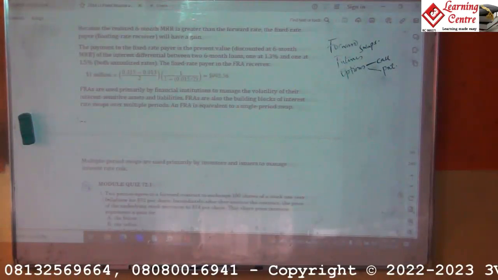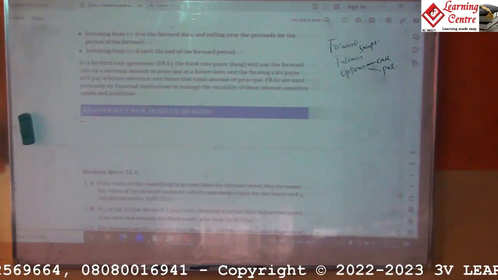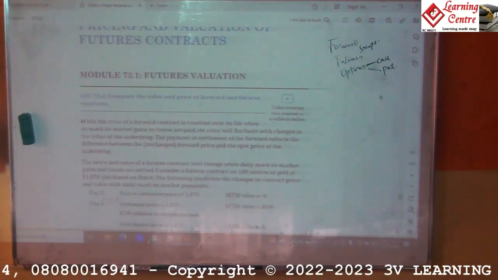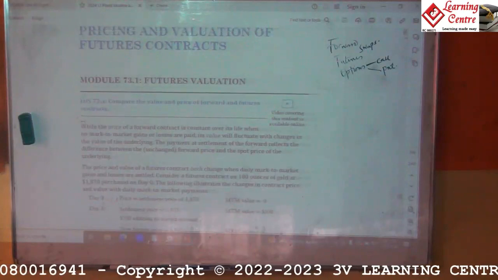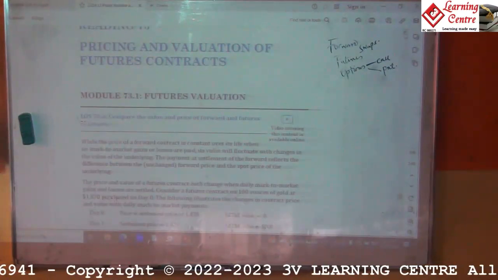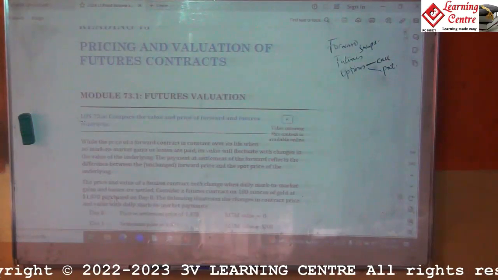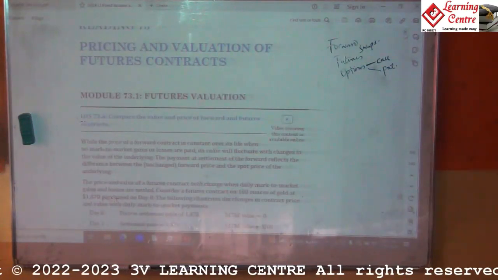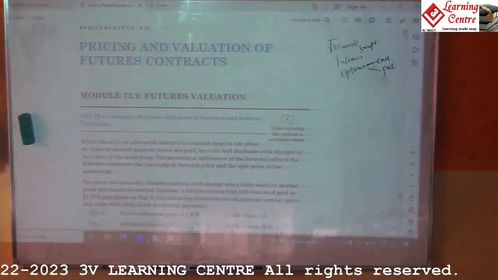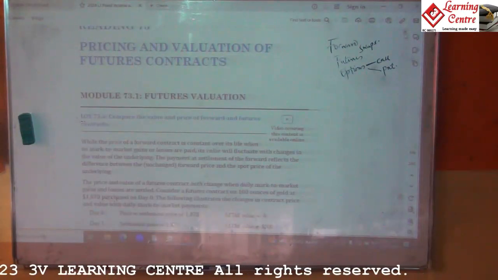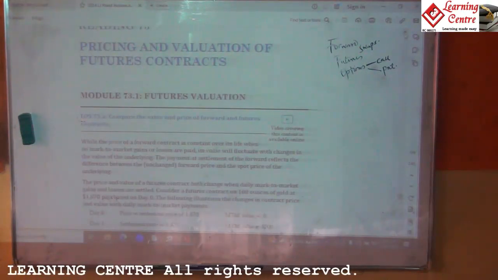And we move to the business of today. Okay, so we've spoken about forward contracts. Now it's time to go to the futures contract. And we've spoken about how this futures contract is different from the forward because here you have a daily mark to market.